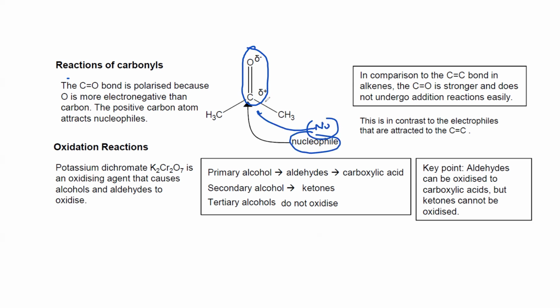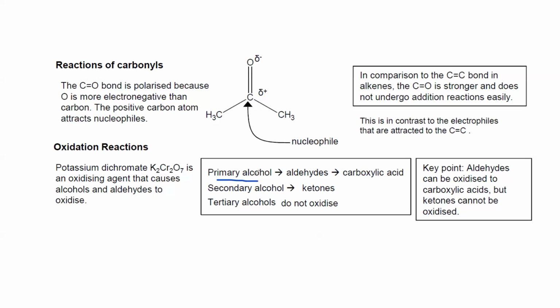So usually the reactions of aldehydes and ketones are nucleophilic addition reactions. The type is addition and the mechanism is nucleophilic. And we'll learn the mechanism. Students taking Cambridge, you have to learn the mechanism. But for Edexcel students, you don't have to learn the mechanism.